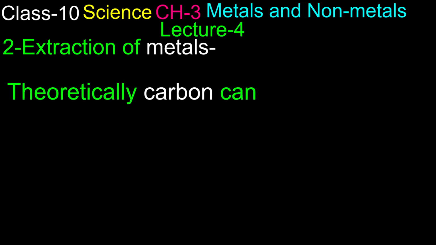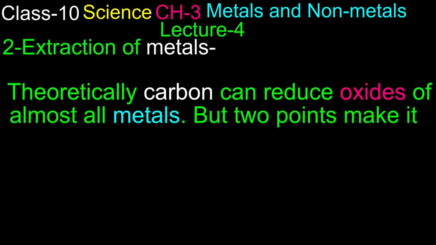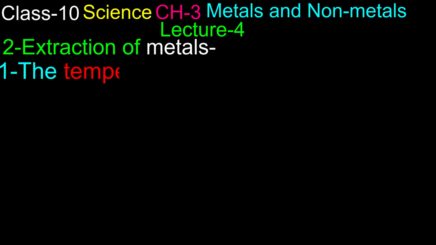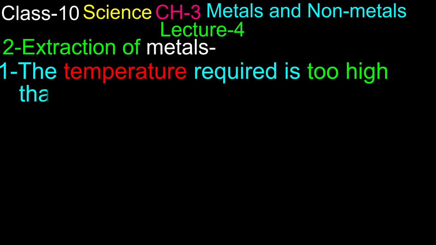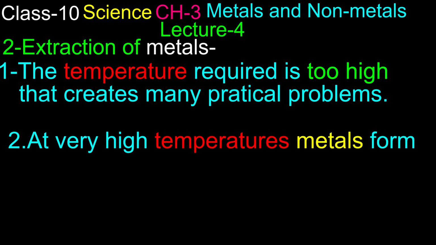Theoretically, carbon can reduce oxides of almost all metals, but 2 points make it unsuitable for highly reactive metals. First point is the temperature required is too high, that creates many practical problems. And second point is that at very high temperatures, metals form carbides.